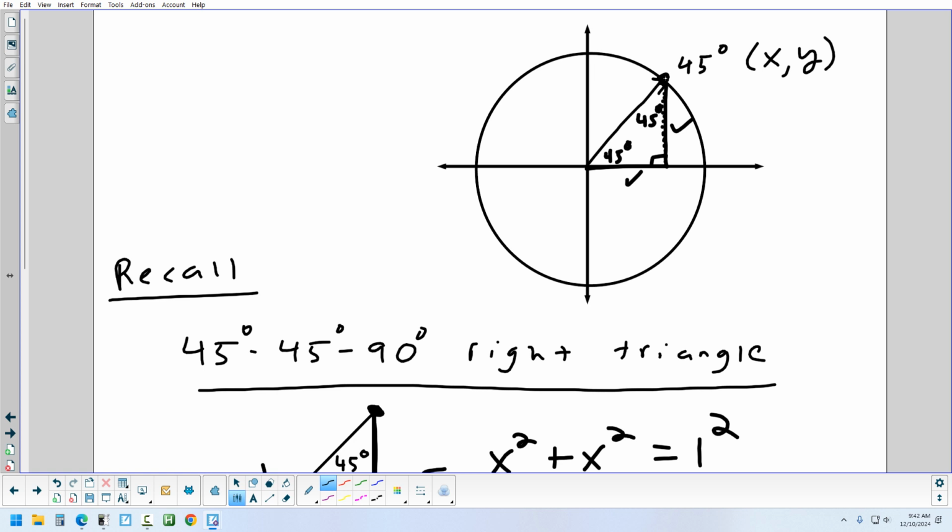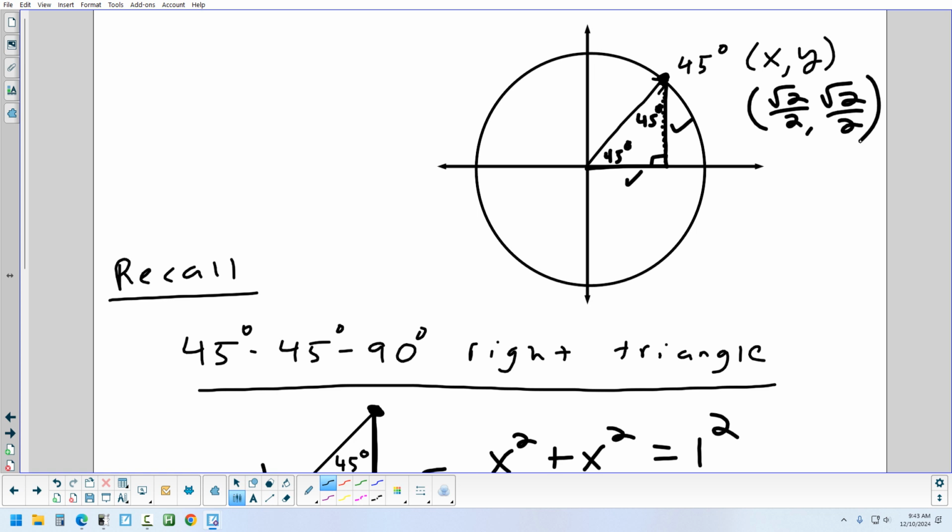Square root of 2 over 2, comma, square root of 2 over 2. And that is always the coordinate for a 45-degree angle. It absolutely has to be memorized. You do not want to have to go back and figure that out like we just did every time.